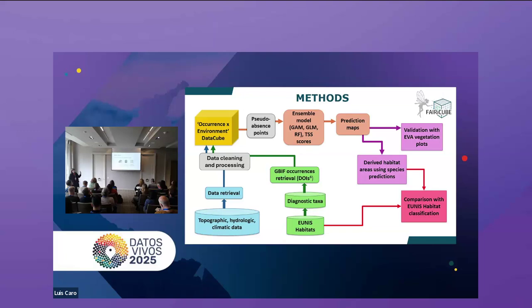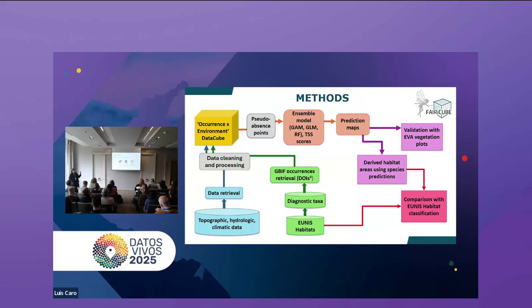So in our workflow we chose this habitat and then took the diagnostic taxa indicated in the classification, and then retrieved data from GBIF using the R package rgbif, and at the same time also retrieved environmental data from Copernicus or WorldClim, and then processed and cleaned all these data and put them together in a data cube.